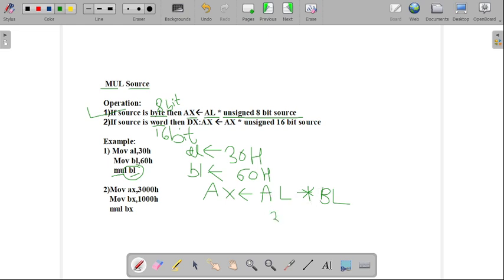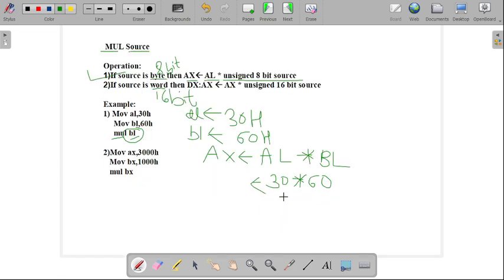AL is equal to 30H and BL is equal to 60H. So 30 into 60 will become 1800H. This is the value we got from our calculation, and the contents will be stored in our AX register.